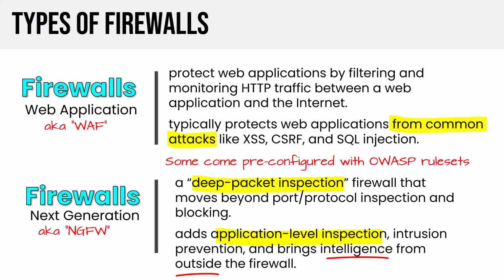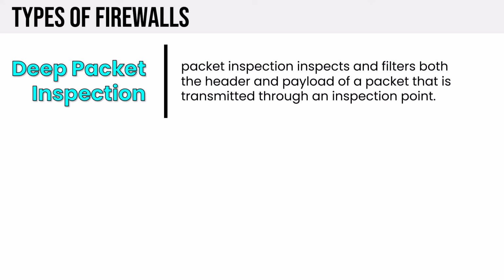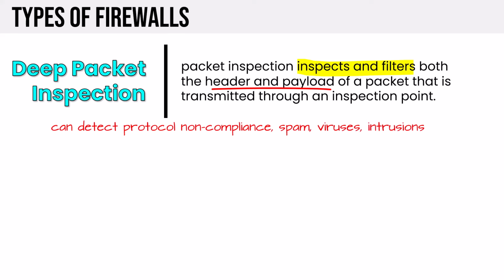So as you see here, the NGFW is multifunctional, and exactly what functionality it will bring will vary a bit from vendor to vendor, but these are the core characteristics. So deep packet inspection, we've mentioned that a time or two. This is packet inspection that inspects and filters both the header and the payload of a packet that's transmitted through an inspection point. So a deep packet inspection firewall can detect protocol noncompliance, spam, viruses, and other intrusions.